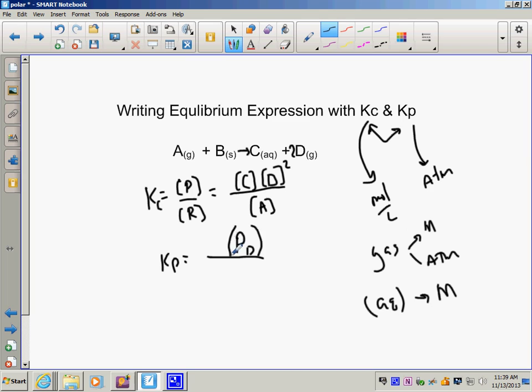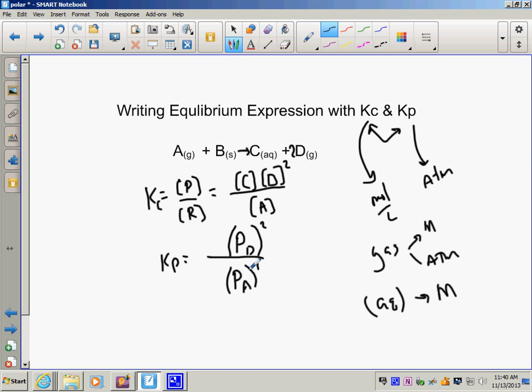The Advanced Placement Exam requires parentheses here, and I will square it. This one is not going to be included. It's aqueous, it doesn't have a pressure. The solid is out, and in the bottom will be the pressure of gas A to the first. You can put a parenthesis if you want, but it'll be 1. Make sure they're clearly parentheses and not brackets.